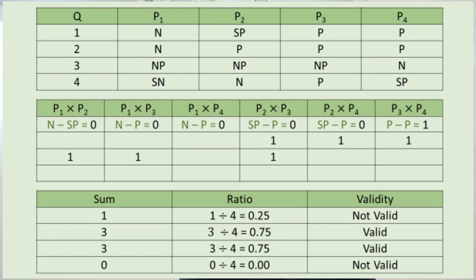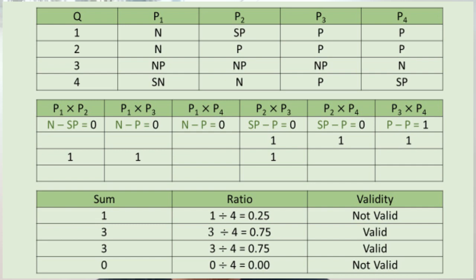And then you're going to expand your table. You are going to match those persons by 2. You're going to have pairings. In this example, since there are 4 persons, we were able to have 6 different combinations or 6 different pairings.